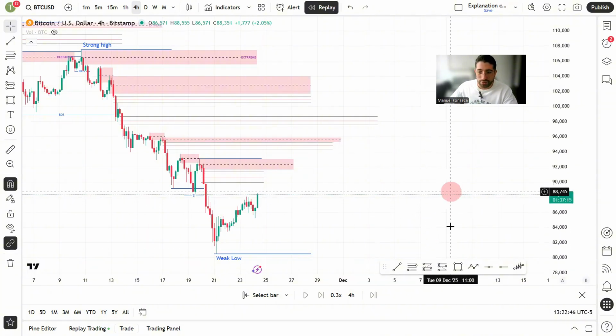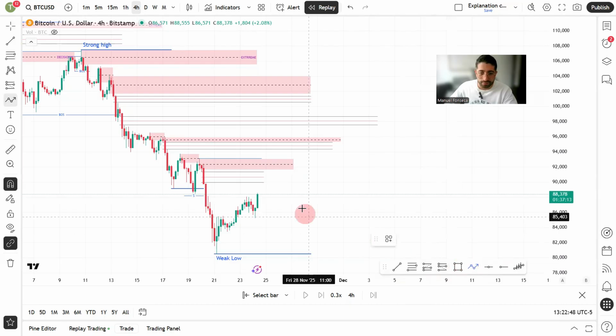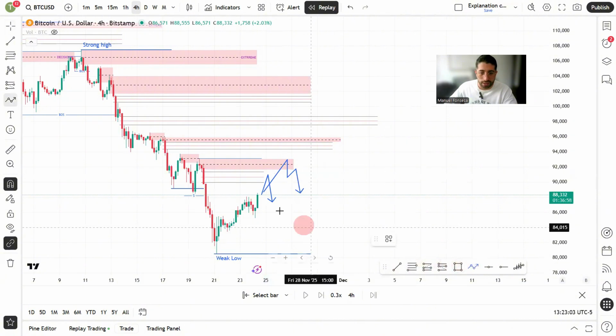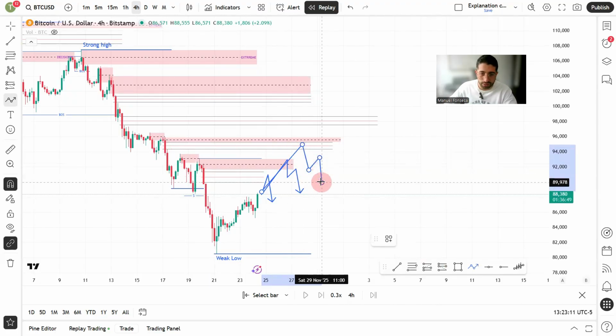So you could execute this one here. Probably we will have a reaction to keep pushing down, right? Or you could execute this one in Bitcoin, or you just keep executing this one after taking the liquidity of the high of this imbalance, keep pushing down, or even the order block.